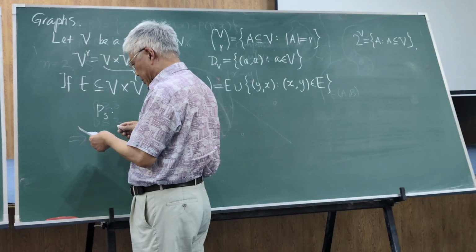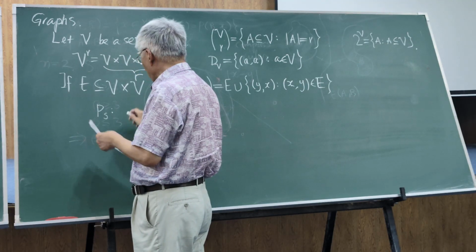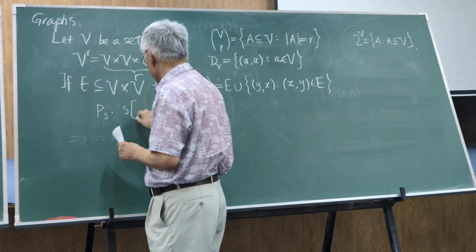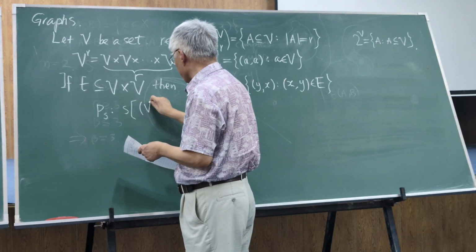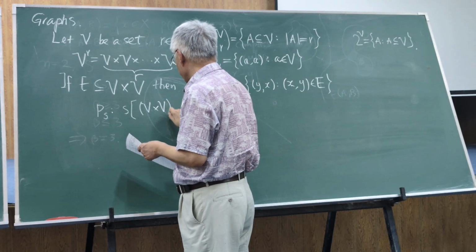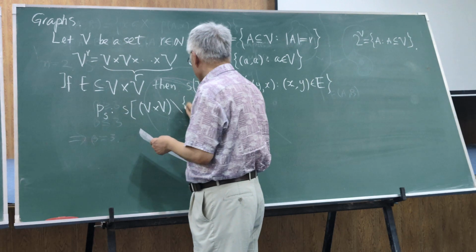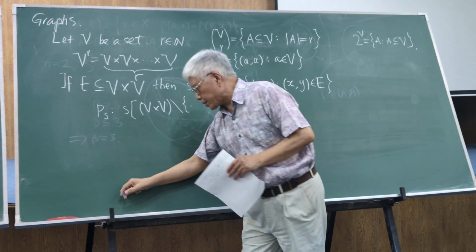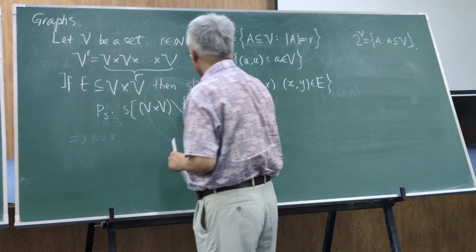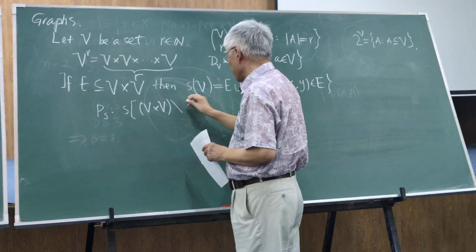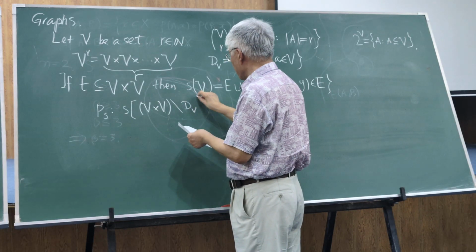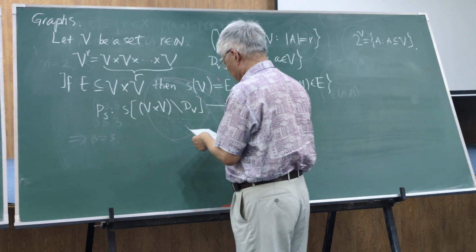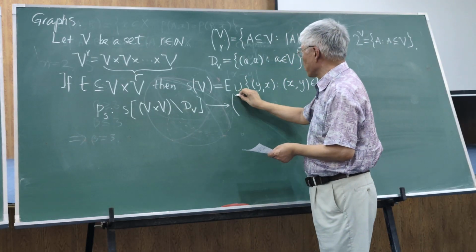This maps from the symmetric completion of E, minus the diagonal D cross D, to V choose 2.